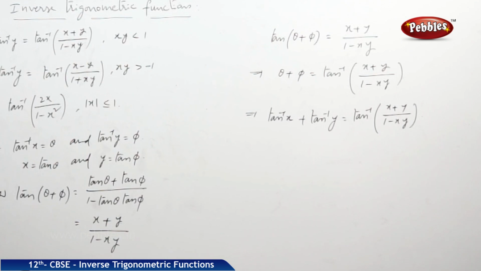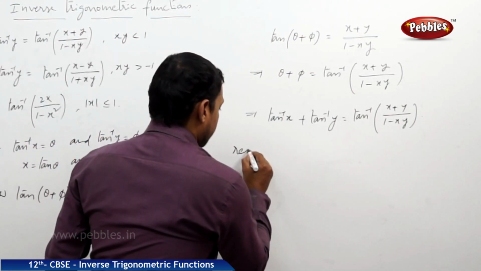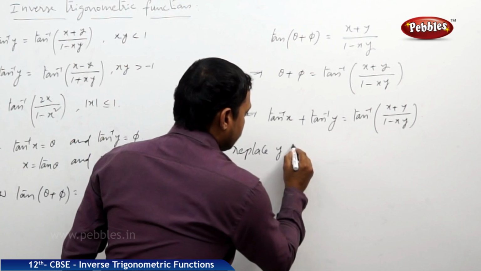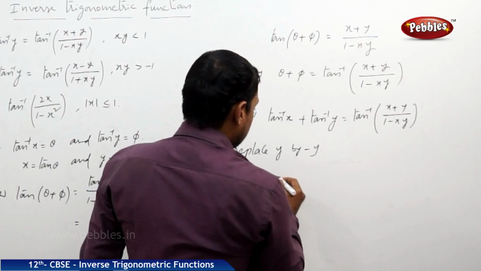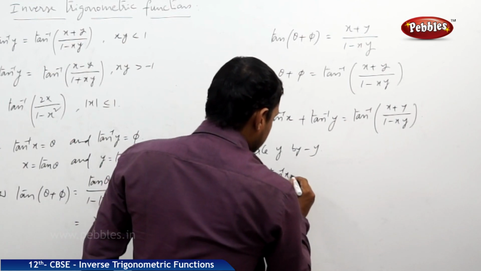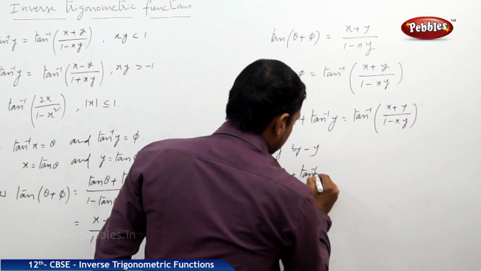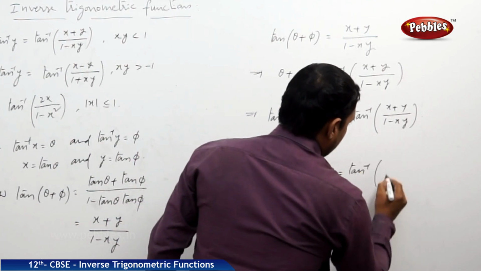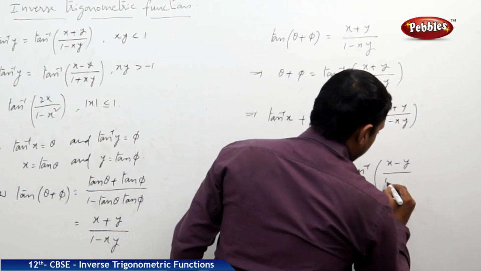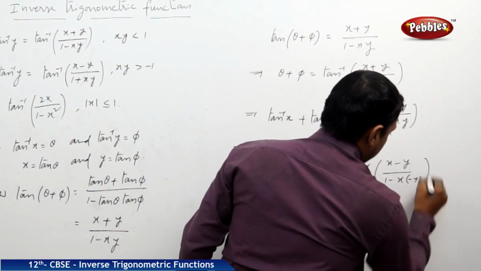For the second property, we can get it from the first one by replacing y by minus y in the above property. So tan inverse x plus tan inverse of minus y is equal to tan inverse of (x minus y) by (1 minus x into minus y).